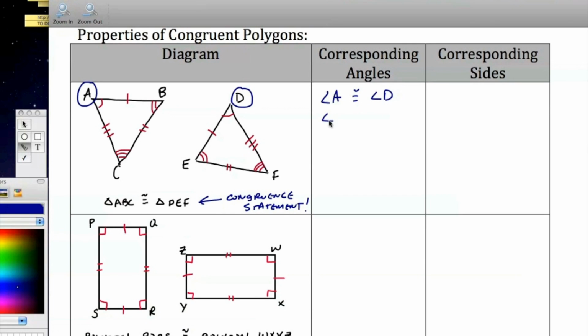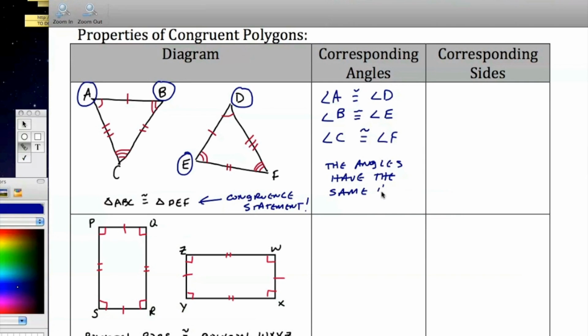I can also say that angle B, which has 2 marks, is congruent to angle E. I can also say that angle C is congruent to angle F. The angles have the same number of marks.